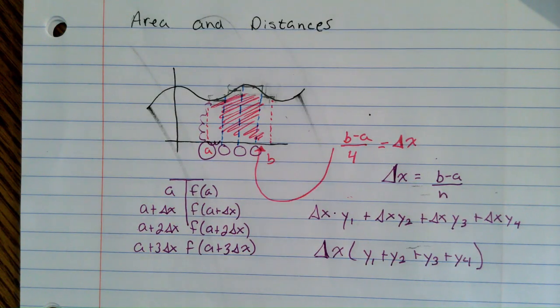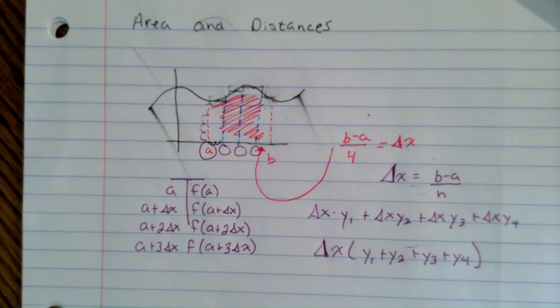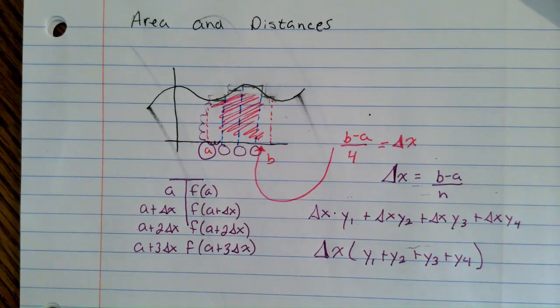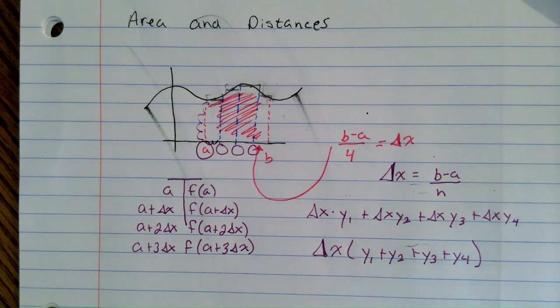Instead of base times height plus base times height plus base times height plus base times height, their bases are all the same. So we can just do height plus height plus height plus height and then multiply by the base. So that's kind of up to you.